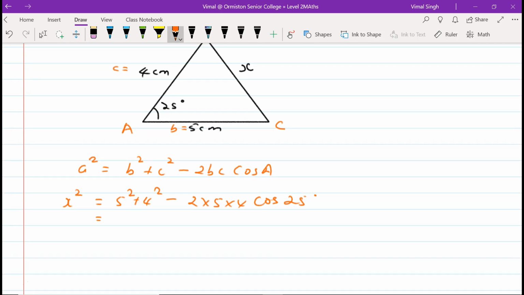Doing the maths over here gives you 25 plus 16, take away 40 cos of 25 degrees.